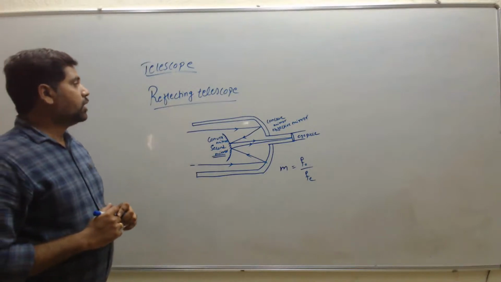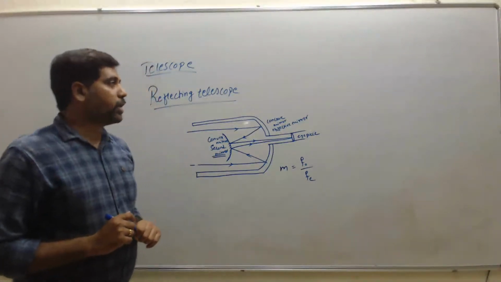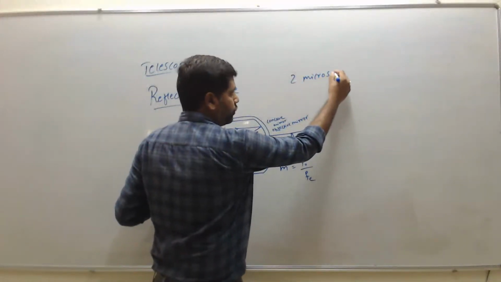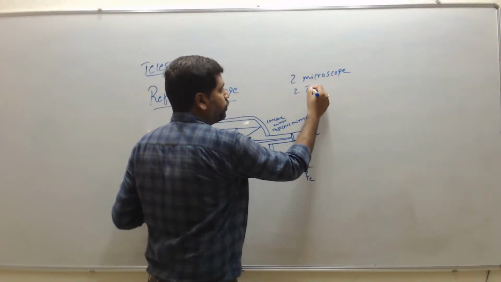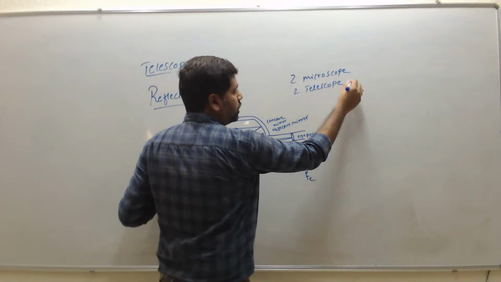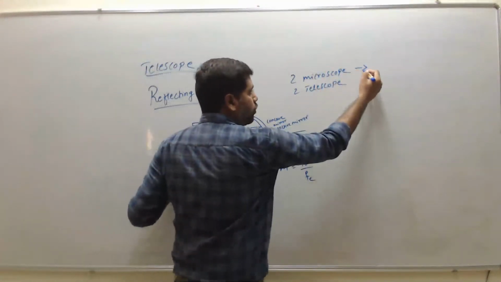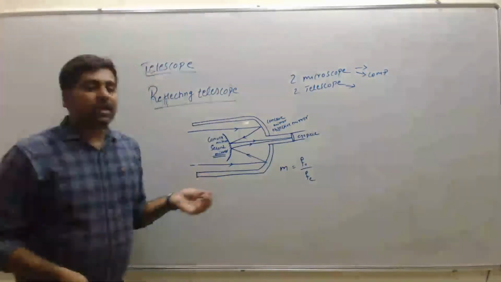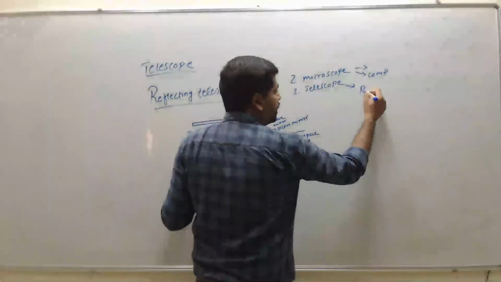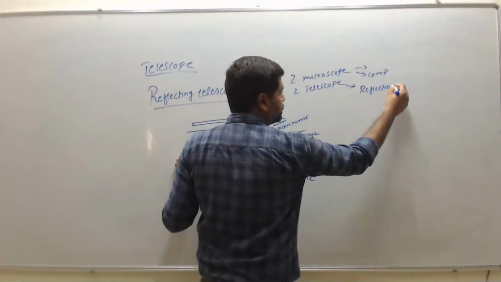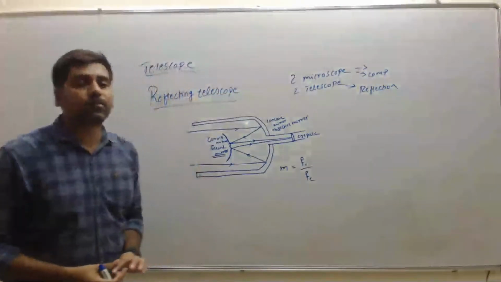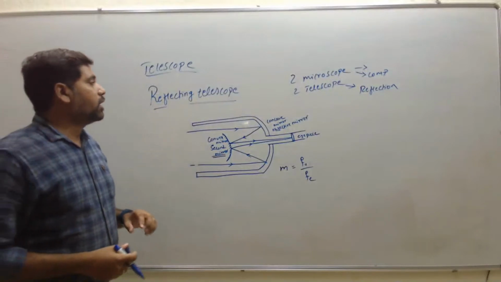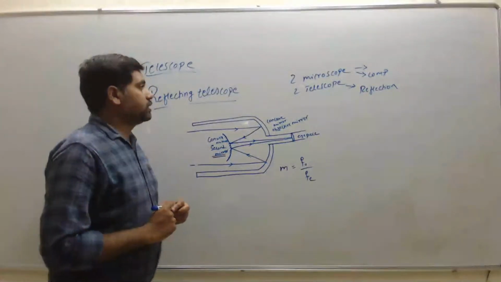So this is about the topic optical instruments. In optical instruments we have studied two microscopes and two telescopes. One is the simple microscope and another is the compound microscope. One is the terrestrial telescope and another is the reflecting telescope. In the terrestrial telescope, refraction takes place. In the reflecting telescope, reflection takes place.